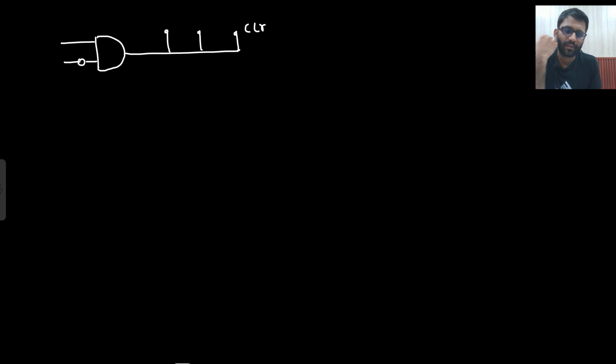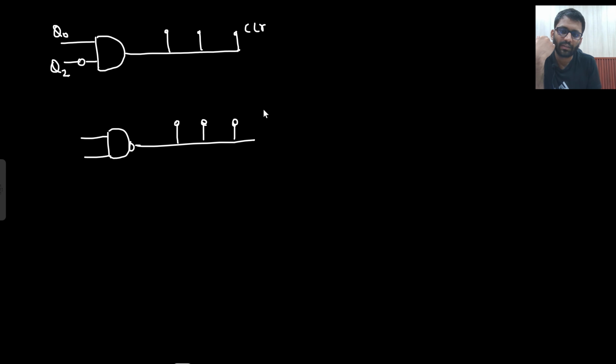Clear. Q0, Q2. Q0, Q2. And if I want to add a bubble here, so this bubble will be added here as well. So this could also be one of the possible answers, but this will be the answer for clear bar.